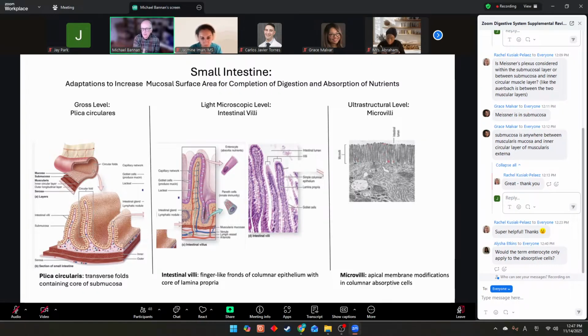So these are three levels of modification, all of which have the role of increasing our membrane surface area. Gross level with plica circularis, light microscopic level with intestinal villi, and ultrastructural level with microvilli.